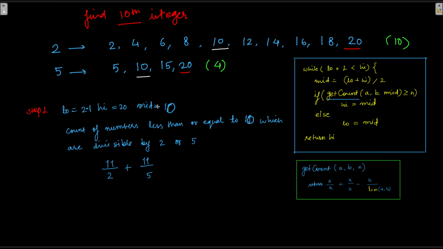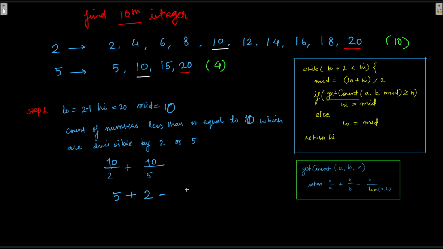So in this example, it is going to be 10 by 2 plus 10 by 5. 10 by 2 is going to be 5, plus 10 by 5 is going to be 2, minus n divided by the LCM of a and b.